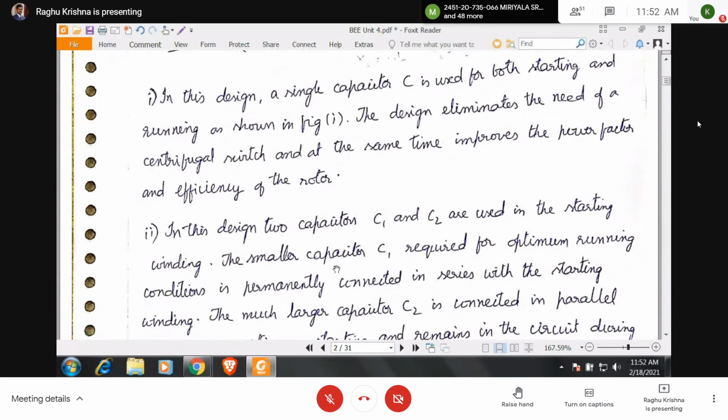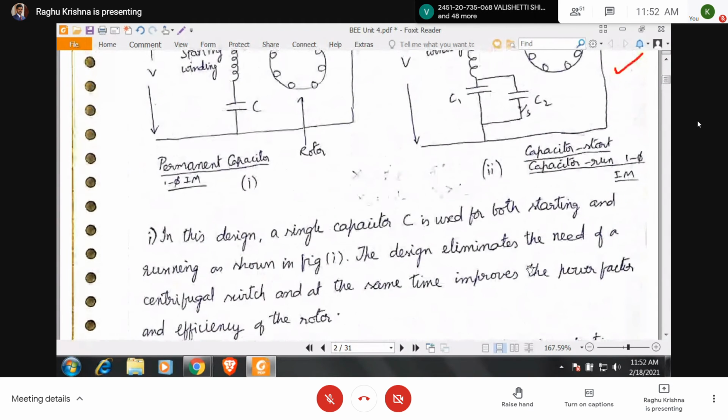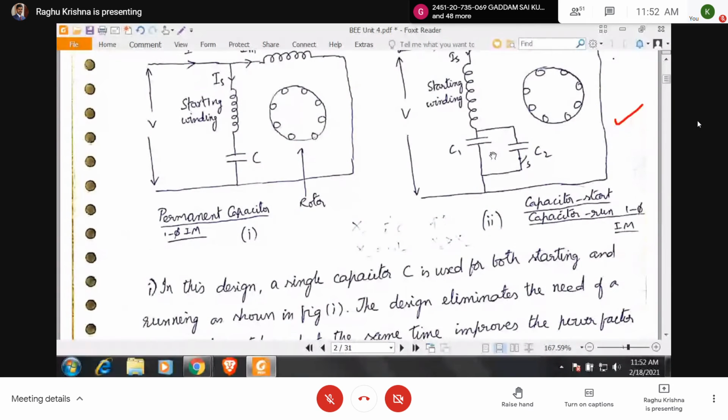The smaller capacitor C1, required for optimum running conditions, is permanently connected in series with the starting winding. So C1 is the smaller capacitance, always connected in series with the starting winding.